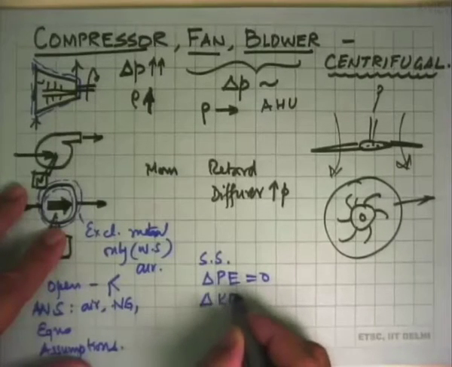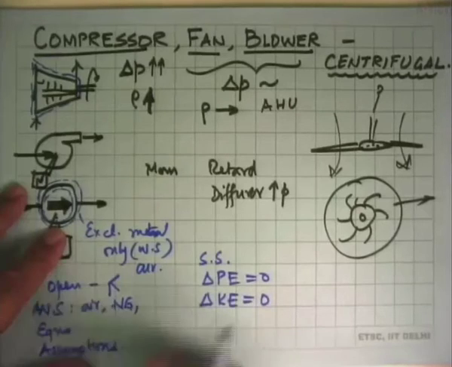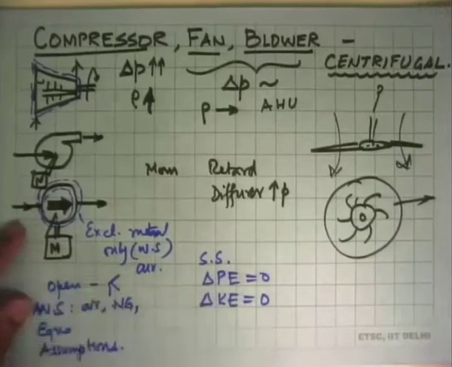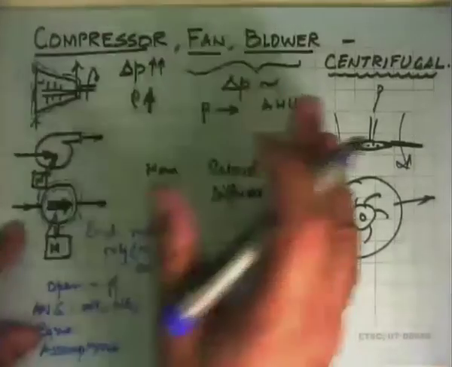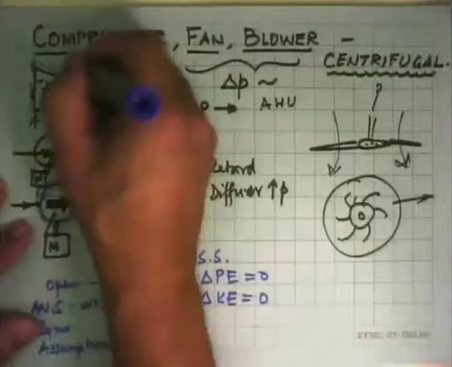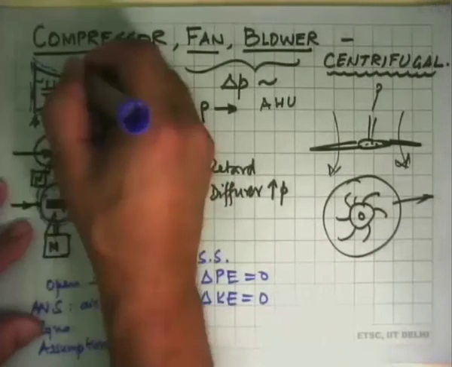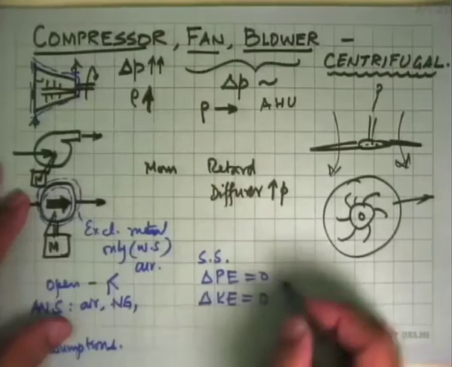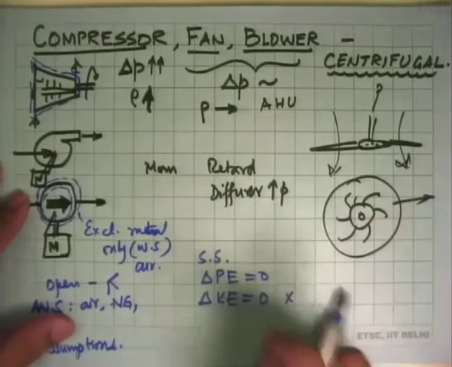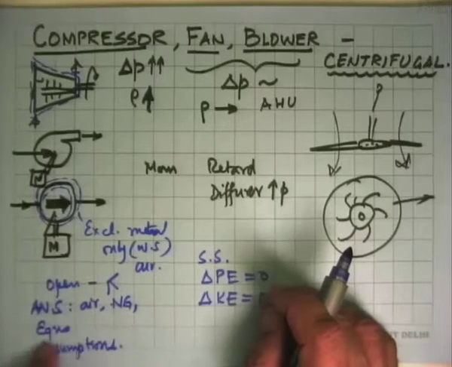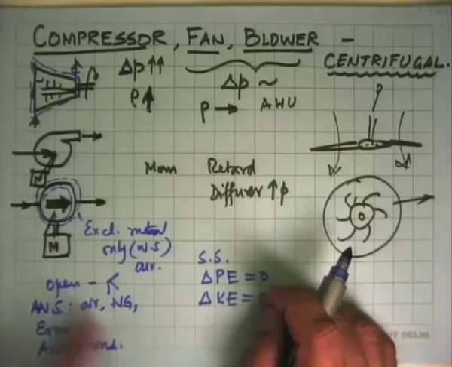Unless otherwise given, the change in kinetic energy can be assumed to be 0 if there is no mention about velocity in the problem. However, if the velocity, typically either at the inlet or at the outlet or in both places, is specified, then this is not to be assumed. Then the velocity term will remain in the first law equation.